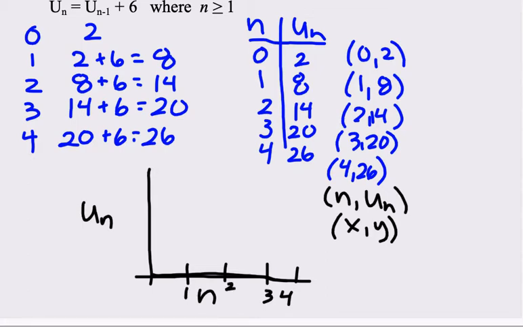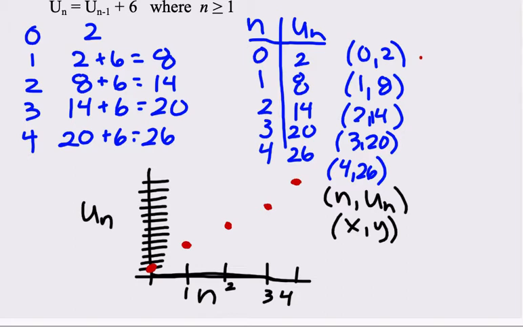And on the y-axis where the u sub n, or the value of the term is, it goes from 2 up to 26, counting up by 2s. So if we plotted these, our first point, (0, 2), would be right here. And then (1, 8) would be here, (2, 14) right about here, (3, 20) right about here, and then (4, 26) right about here.